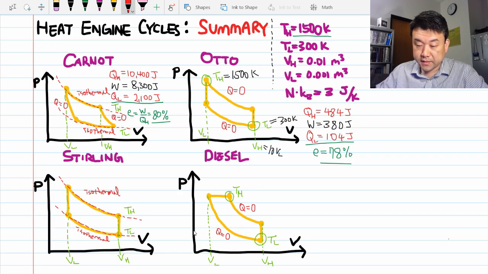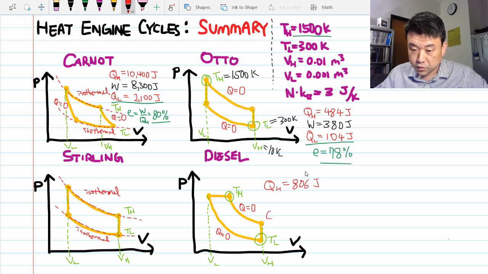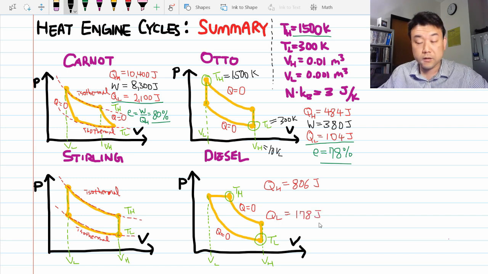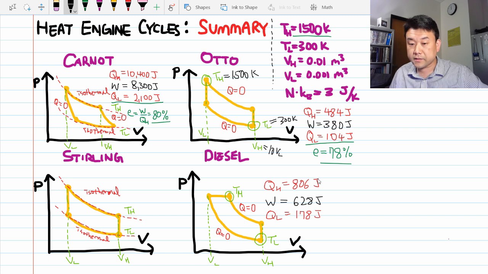Let me copy those to the summary page. So for the diesel cycle with these parameters for one loop, QH is 806 joules and QL is 178 joules. And the difference between them is work done, or work done is, I can also copy from the other page, 628 joules. Alright, somehow heat input is larger for the diesel cycle.